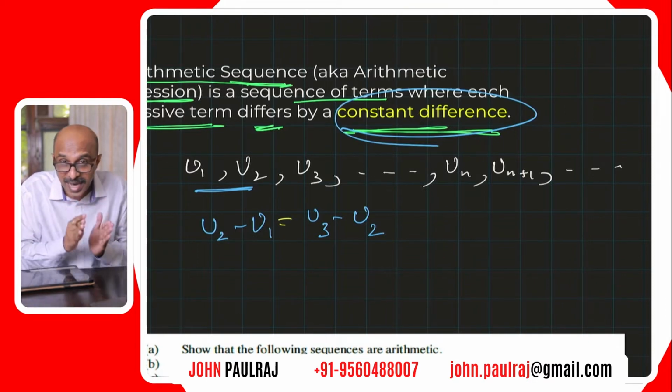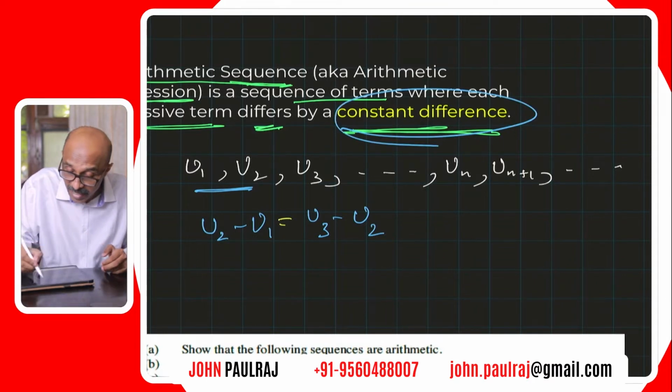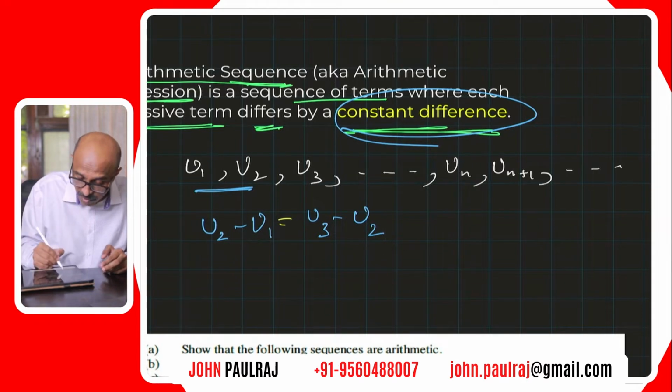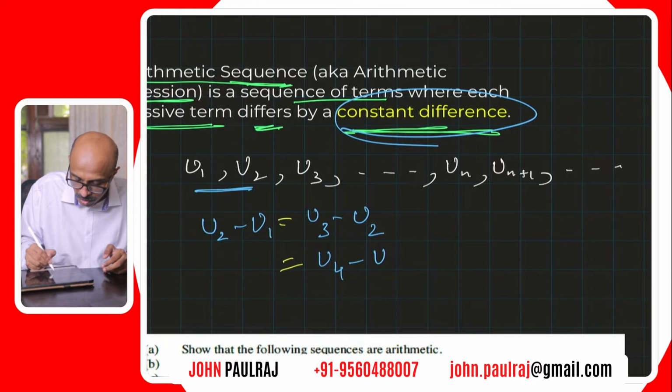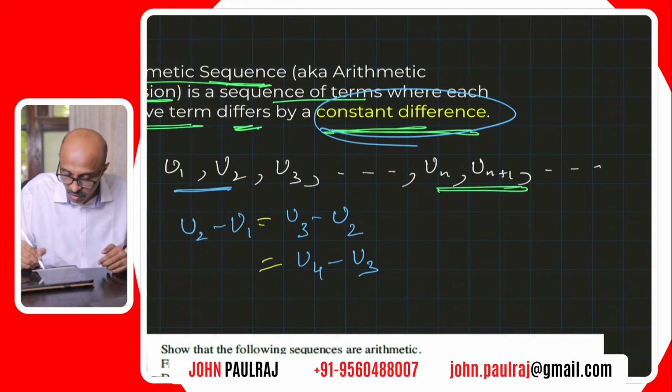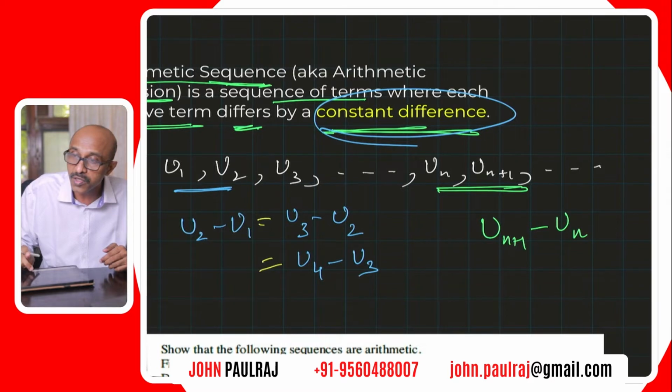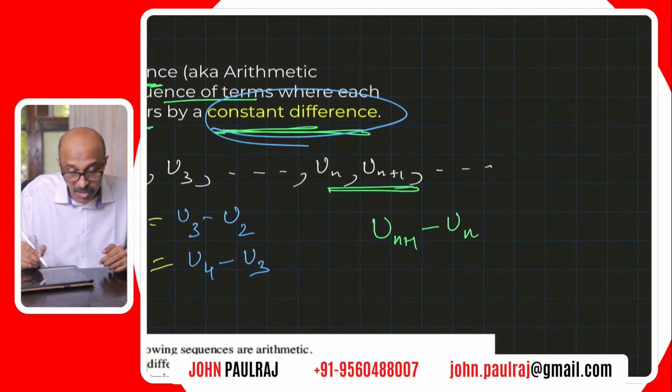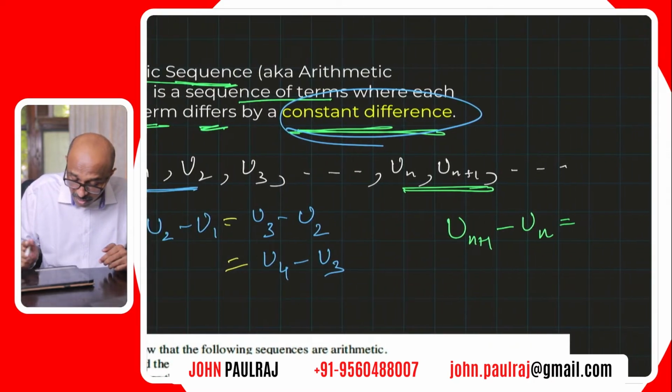The difference between two consecutive terms is going to be the same, and it will be the same even if you take the difference between the next two terms, U4 minus U3. In general, because UN represents the general term, you can say UN plus 1 minus UN is going to be a constant difference, and they're all going to be the same.